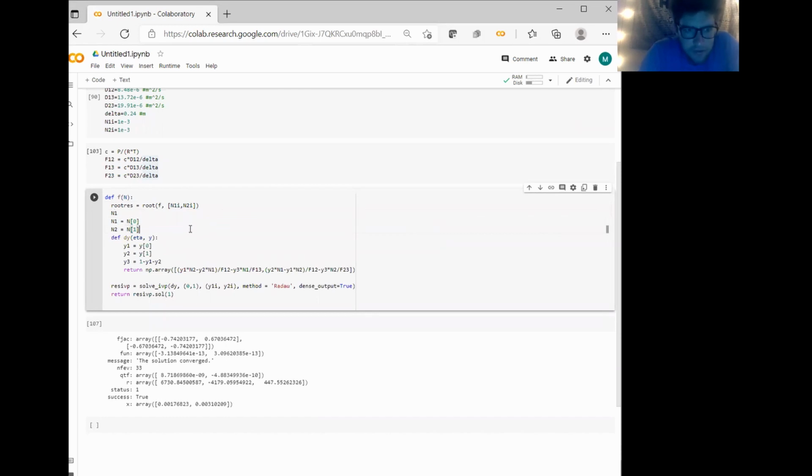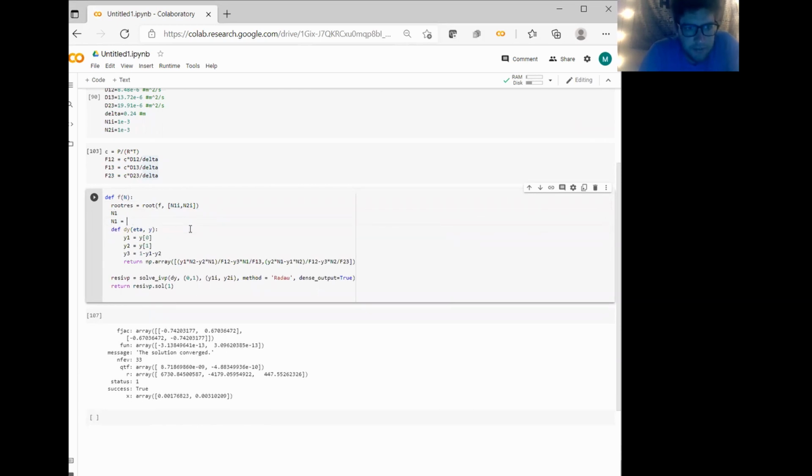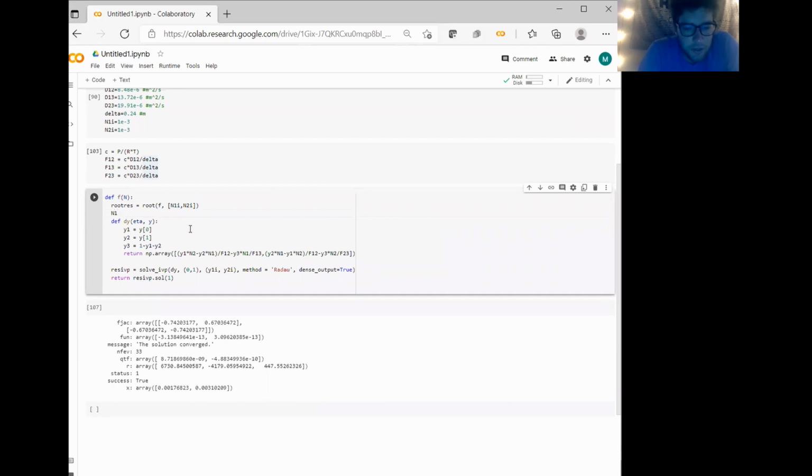Oh, wait, sorry, I'm going to delete these. I'm not going to define N1 twice. We do N1 equals root res dot x and the first term of this array.